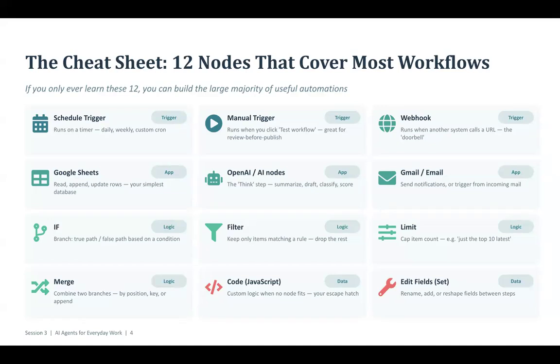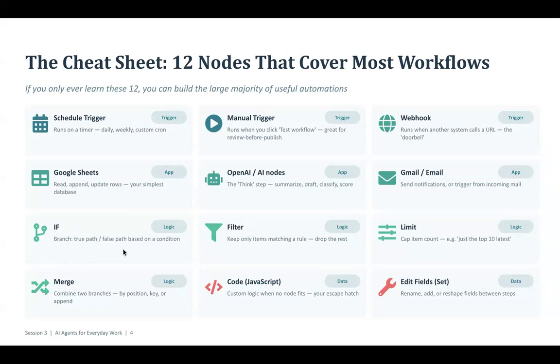Then there are apps, for example Google Sheets, OpenAI nodes, Gmail, anything that's your app trigger. Then there are the if conditionals that I again talked about. These are your true and false paths, and they get executed depending on how the condition is evaluated.